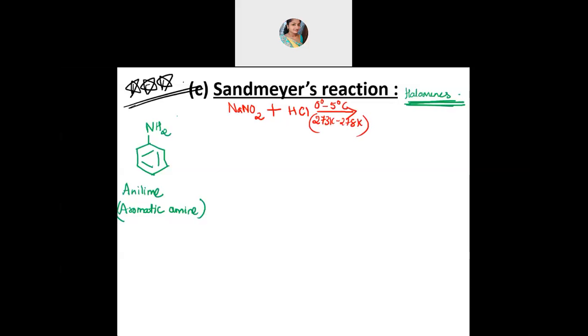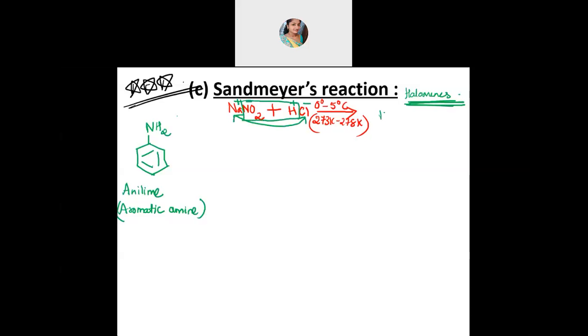Now when NaNO2 and HCl are made to react, again you can do charge separation here and tell me what will be the product formed. At least that you can do, no? Charge separation. Na is positive, this will be negative, H will be positive, Cl will be negative. So what will be formed? NaCl will be formed. One more thing which will be formed is HNO2.